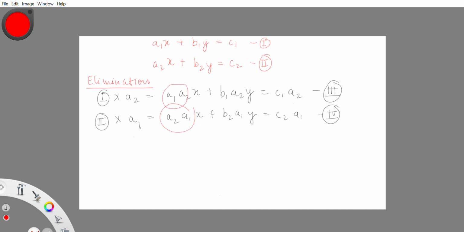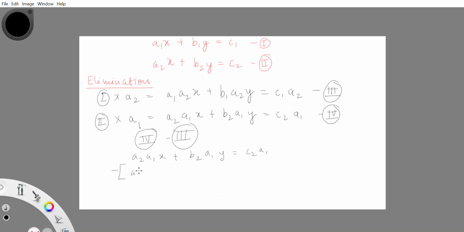So once I subtract 3 from 4, I'll remove the variable x, and hence I can find the value of y. So I'm going to subtract 3 from 4. This becomes a2 a1x plus b2 a1y is equal to c2 a1, minus a1 a2x plus b1 a2y is equal to c1 a2.